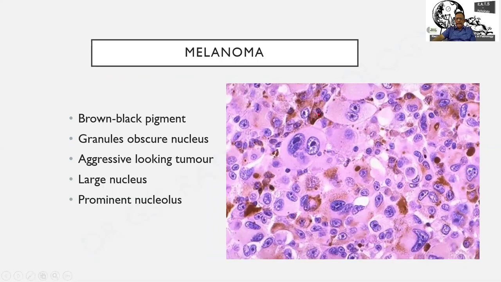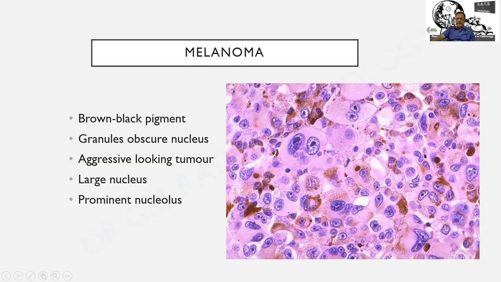This is the slide of melanoma that we have been talking about. Melanoma by itself is a university question for you people. Look at this one. It is a tumor that is having sheets and nodules of large cells. What I am trying to outline is the entire cell, and this purplish pink is the cytoplasm. These two are the nuclei, and there is another dot within the nucleus which is called the nucleolus. So the cells are large, they have a large nucleus with prominent nucleolus.